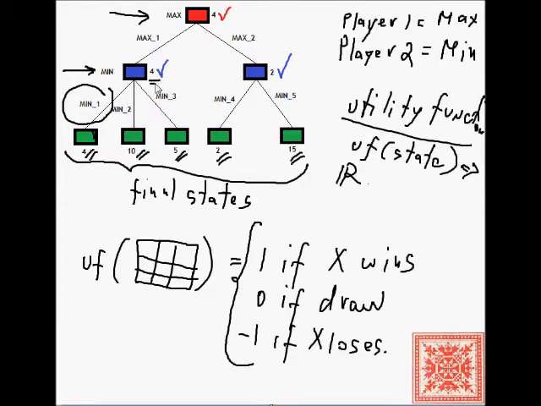Hence the utility of this board is 4. The root of the tree is that red node with Max.